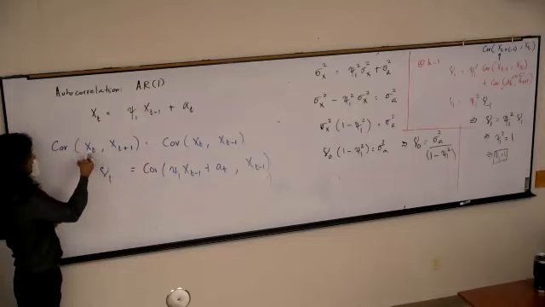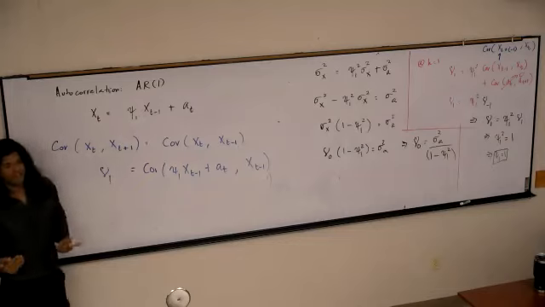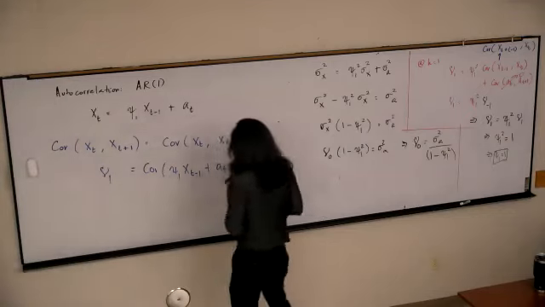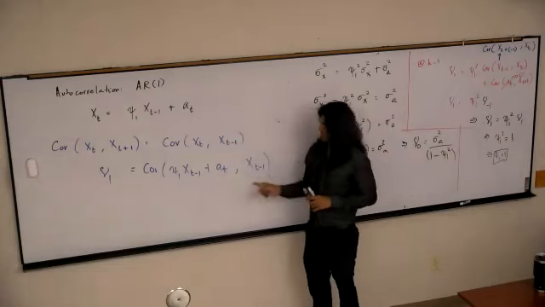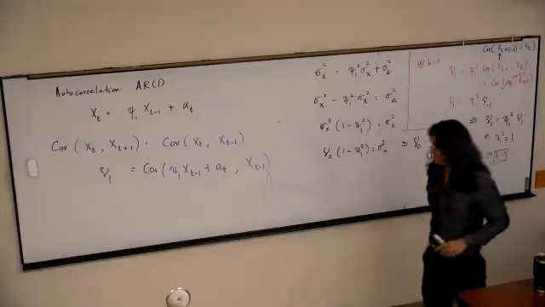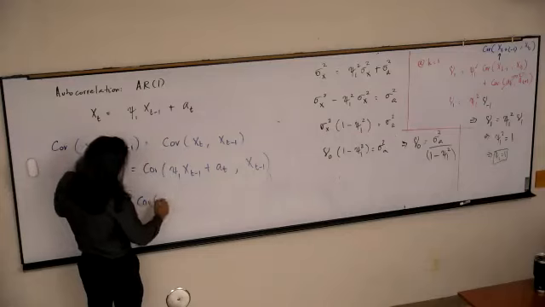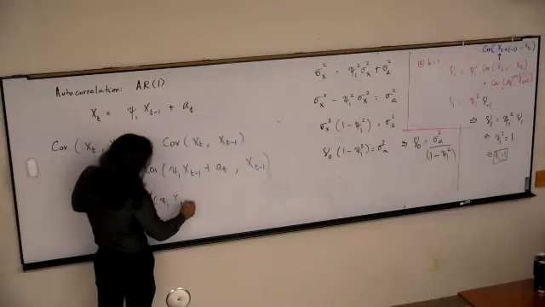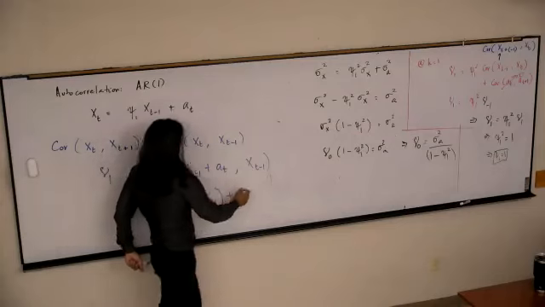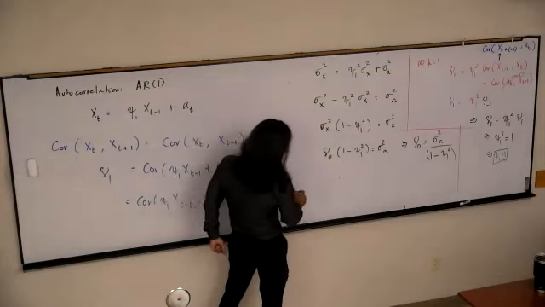Right. The covariance of x sub t, comma x sub t plus h is gamma sub h. So here it's gamma 1. Okay. I can do the same trick that I did earlier, split the covariances. If I did that, I will have the covariance of psi 1 x sub t minus 1, comma x sub t minus 1, plus the covariance of a sub t, comma x sub t minus 1.